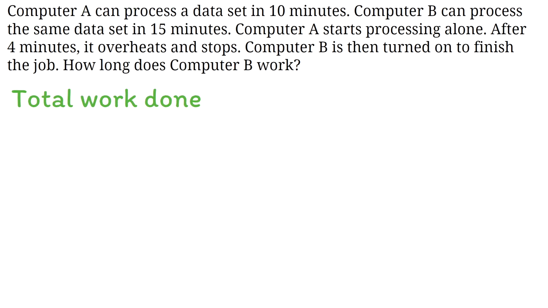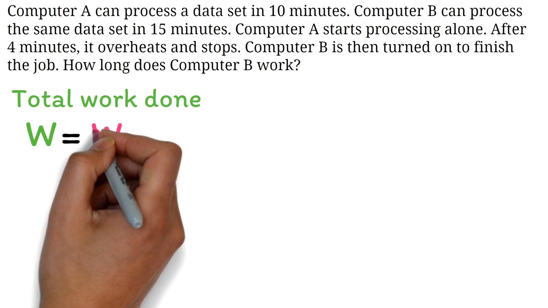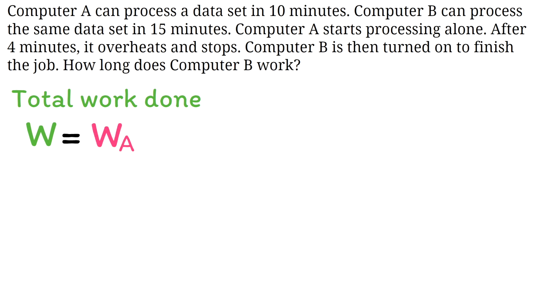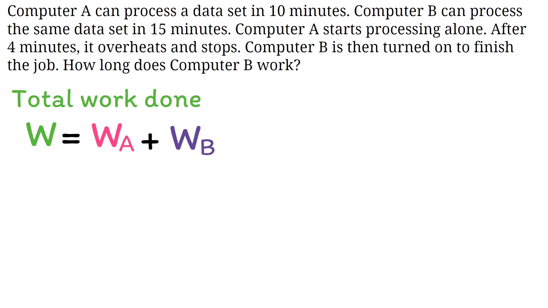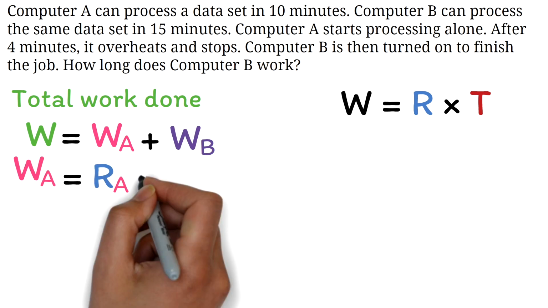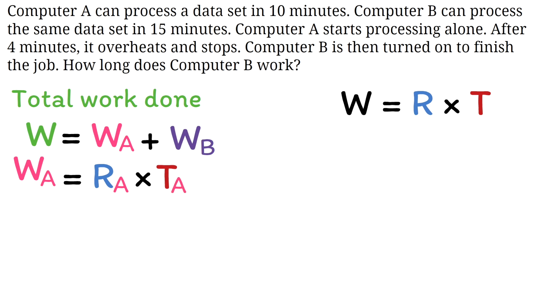That is, total work done equals the work done by computer A, WA, plus the work done by computer B, WB. Remember we said earlier that work equals rate times time. So, using this formula, the work done by computer A will be its rate RA times its time TA.